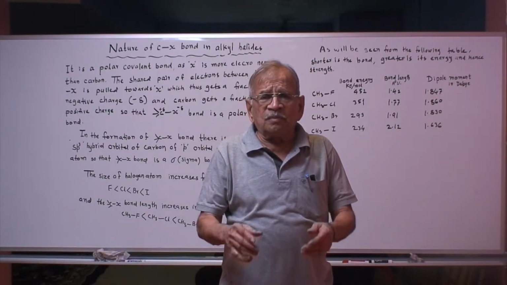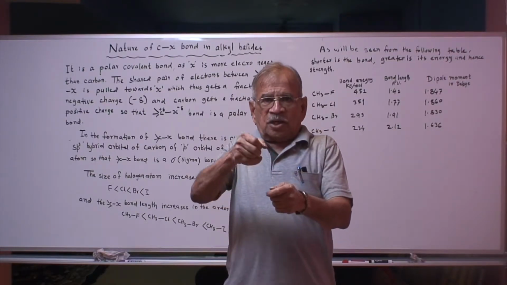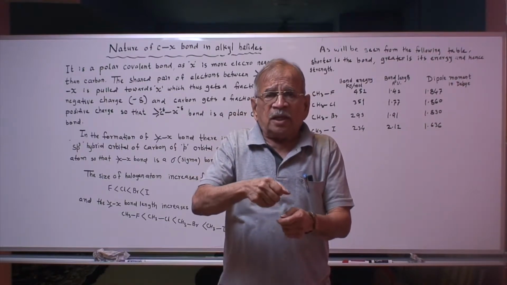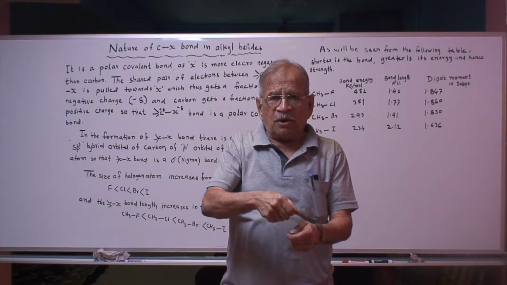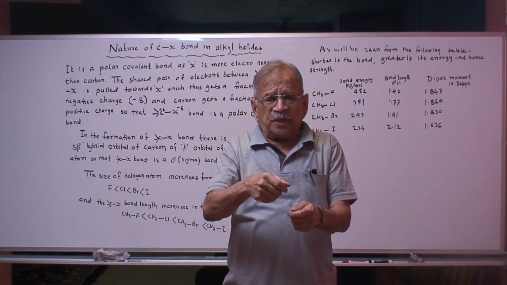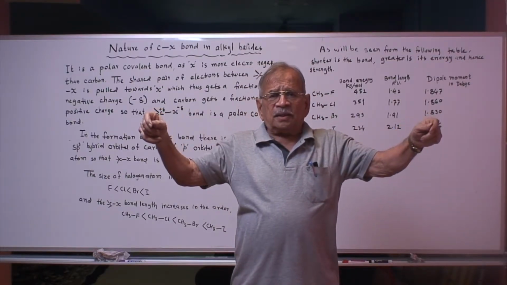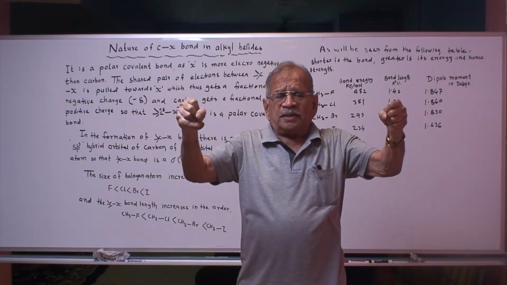What is the meaning? The meaning is that shorter is the bond, greater is its energy. Shorter is the bond, greater is its strength. It is our common experience. Take a long thread, wind it over here and try to break it.